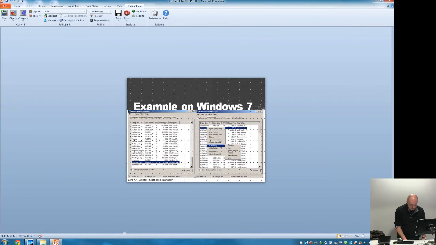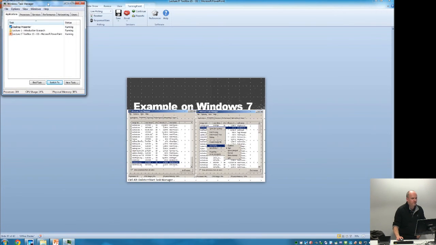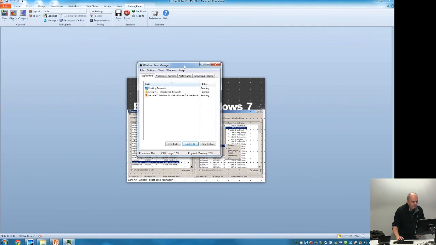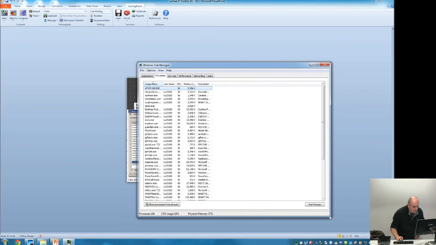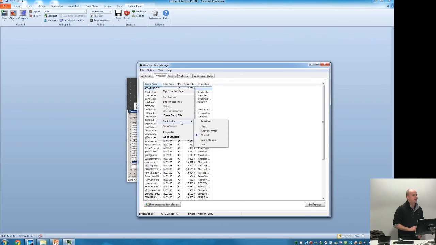So let's have a look. You all know the task manager, processes. And you can see that you can set the priority of your processes.